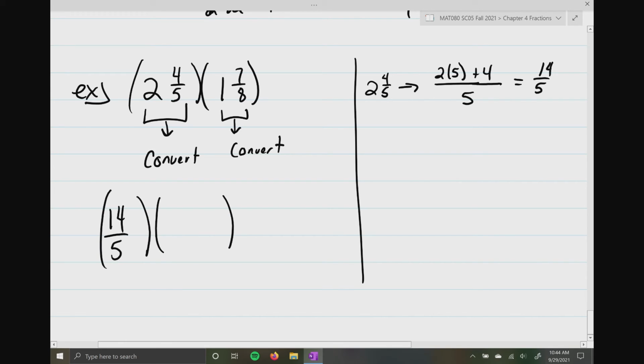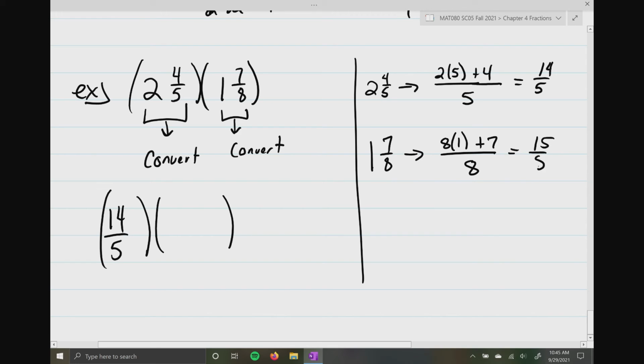Now, we need to do the same exact thing here with 1 7/8, okay? So 1 7/8, remember, denominator stays the same. Then we take our whole number times the denominator plus the numerator. So 8 times 1 is 8, plus 7 is 15.